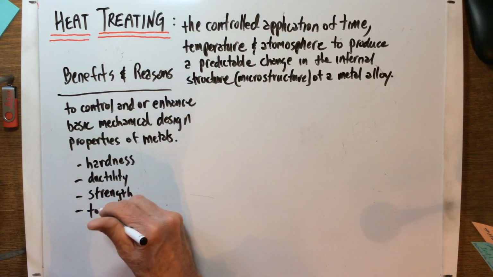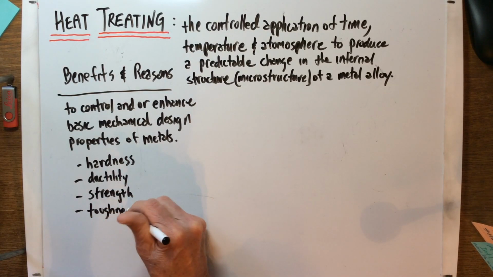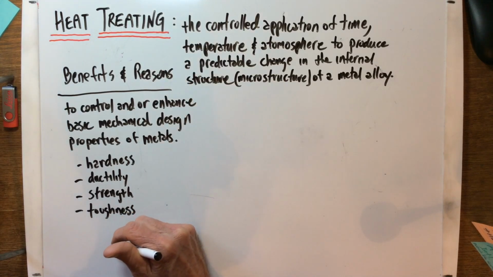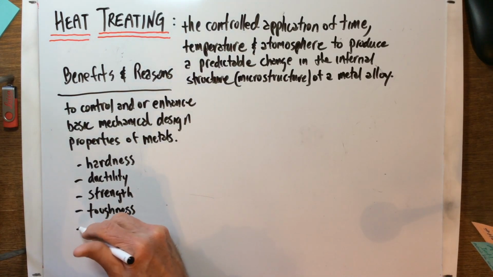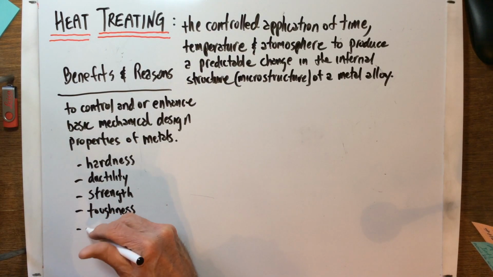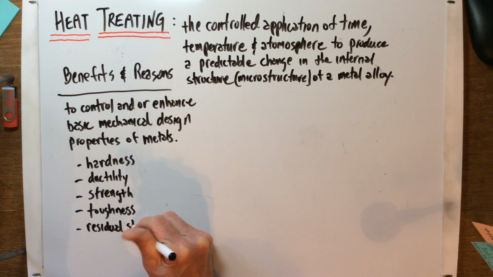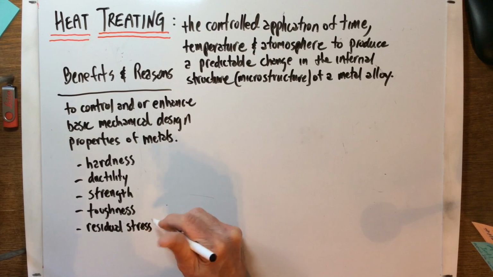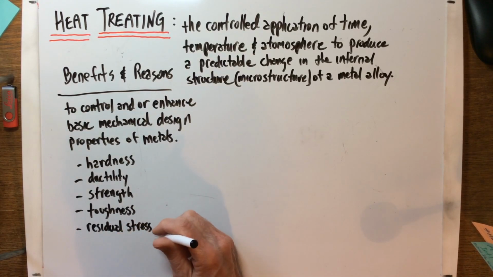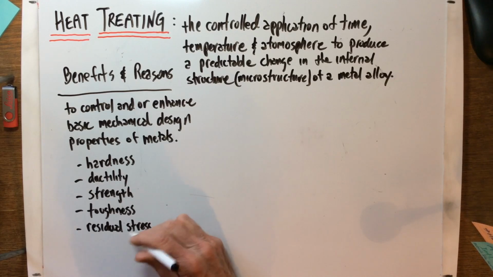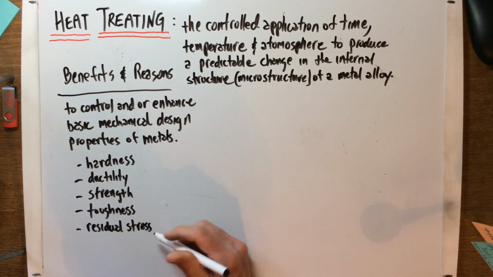Toughness, of course, is another good one. And last but not least, some of the internal or residual stresses. Most of the time what we're trying to do there is minimize some of those inherent residual stresses that occur in the manufacturing or the forming of these parts and components.